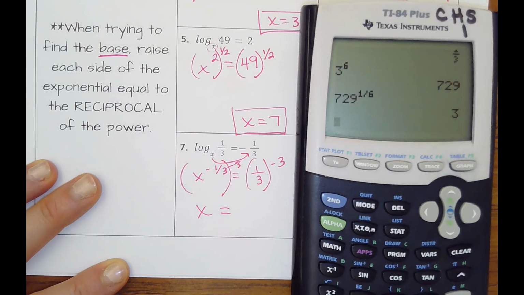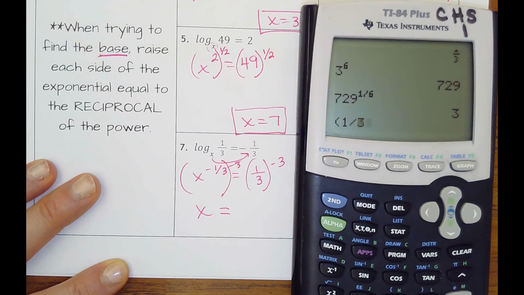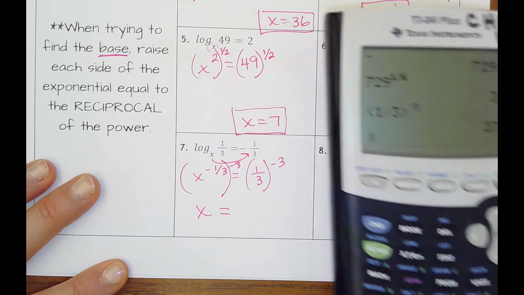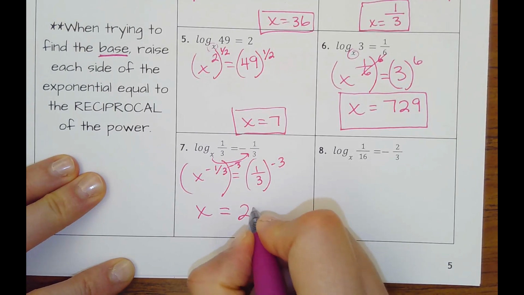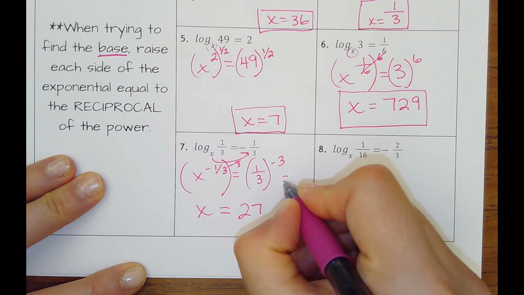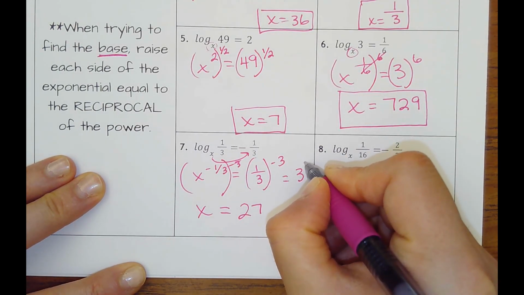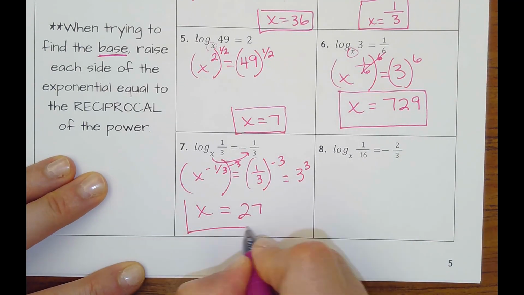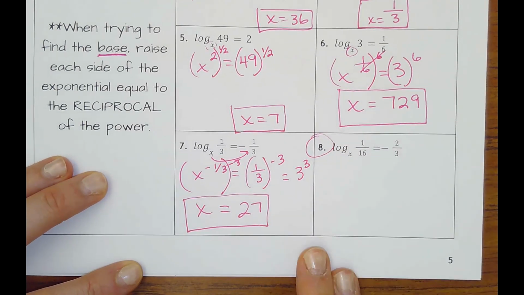Go ahead and take 1/3 to the negative 1/3 power. It's 27. Because what that's doing is this negative power is flipping this to be 3/1, or 3 cubed, which is 27.